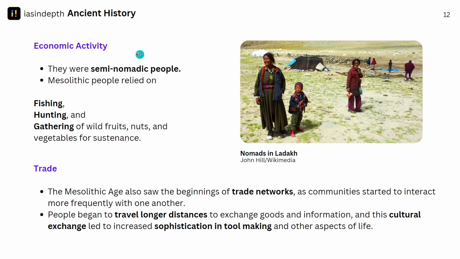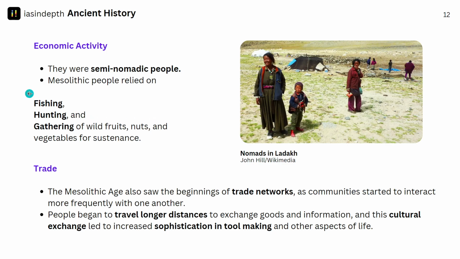Now what about the economic activity or occupation during the period? They were semi nomadic, not fully nomadic. They settled in some places, but during certain times they migrated to other regions in search of food and more economic opportunities.